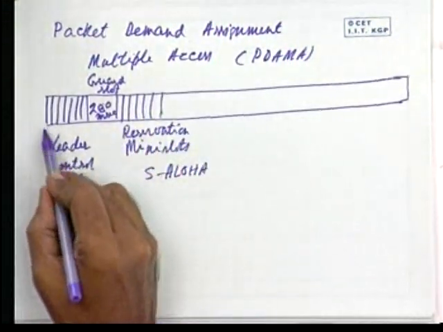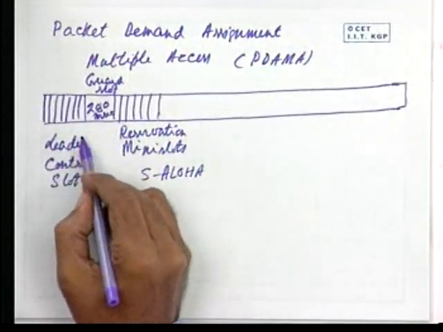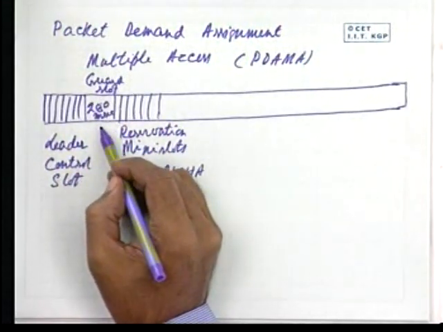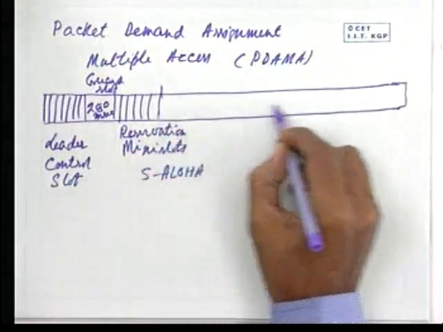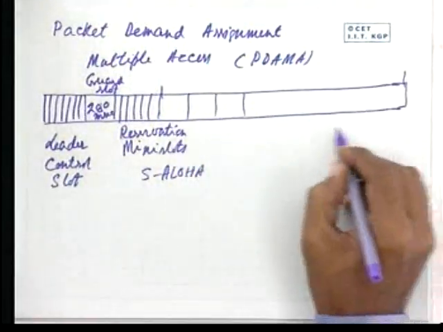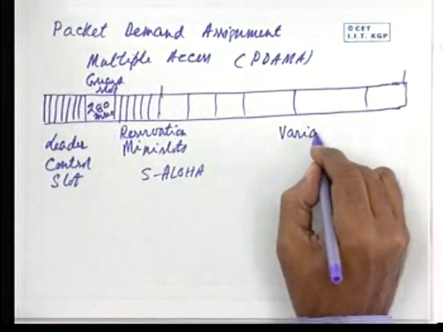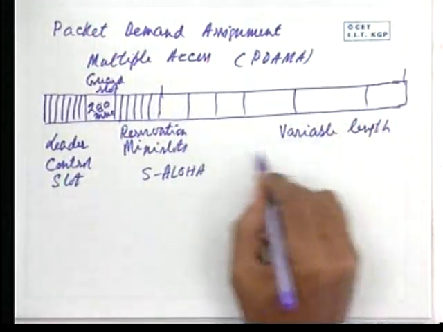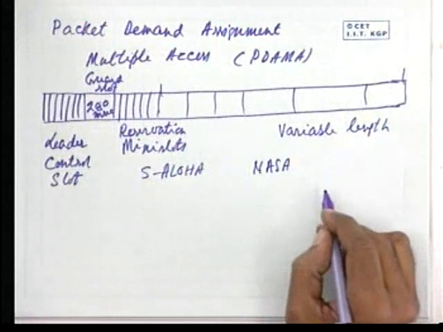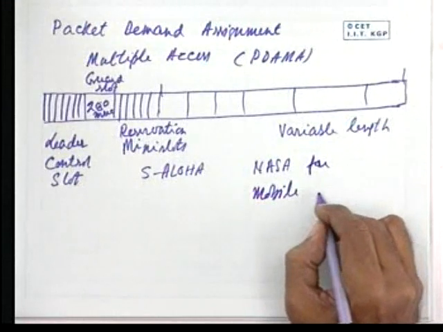And accordingly, the controller will pass on the acknowledgement and reservation information in this leader control slot. And this slot will be used for ranging by different ground stations. And in the remaining, the fourth subframe, you can send variable length data by different stations. And this was developed by NASA for mobile satellite systems.